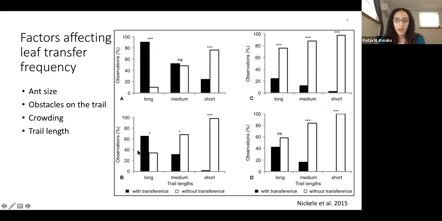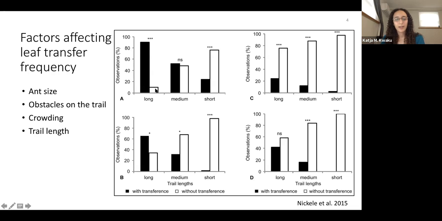So each of these 4 graphs represents a different species of leafcutter ant. And on the x-axis, going from left to right, we go from long to short trails. And then you can see how often they transfer the leaves: the number of leaf fragments that get transferred are the black bars, and the number of leaf fragments that are not transferred are the white bars.